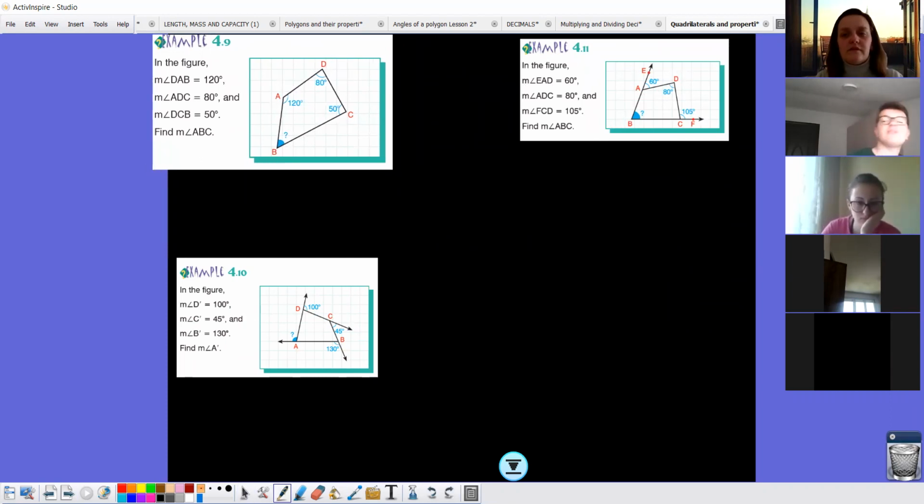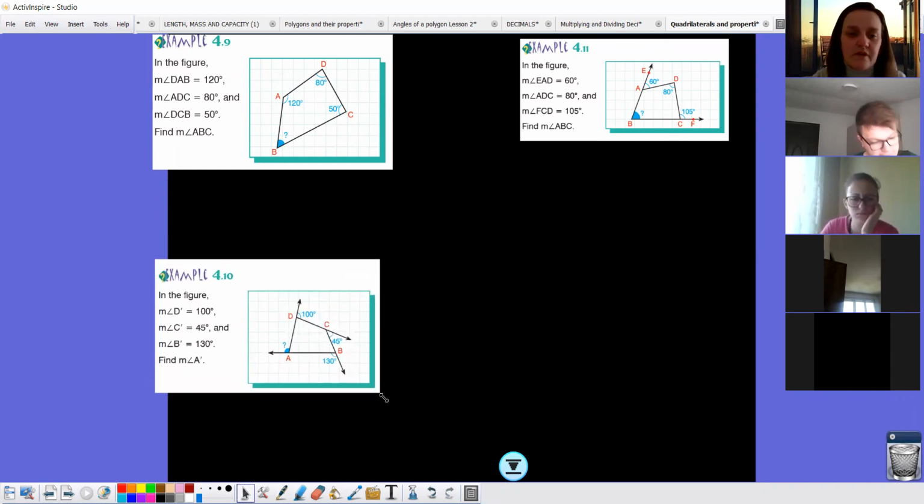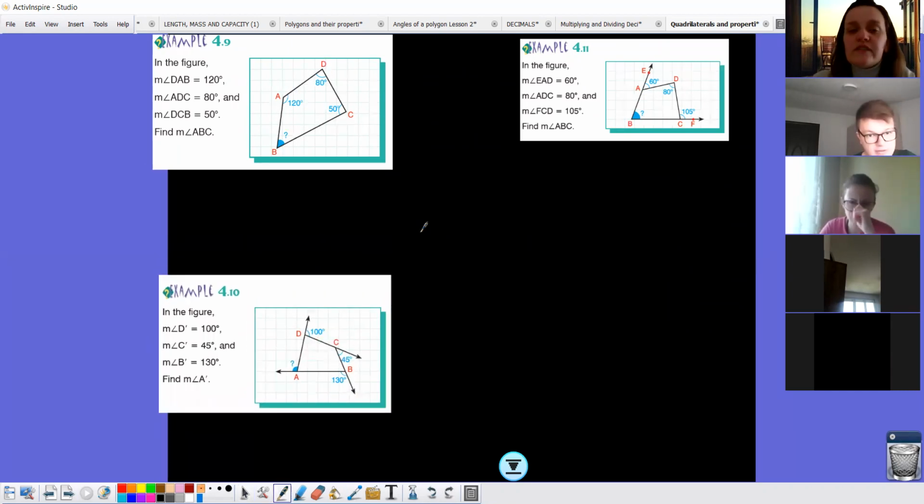It was with triangles now, but you have studied these ones in primary school a bit. Yes, teacher, we have studied. So what we said, the sum of the interior angles of the quadrilateral is 360. Here, 3 of them are given, only 1 is missing. So what will we do?